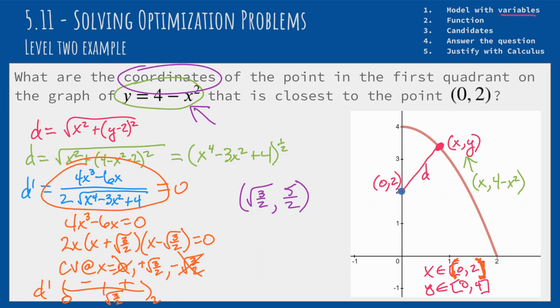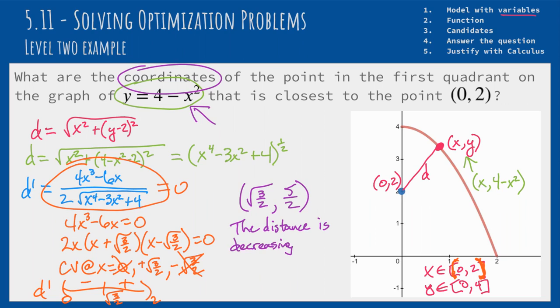I also want to justify this with calculus. So I'm going to say the distance. I've been justifying a variety of ways just to see there's different ways we can explain this. So I'm going to say the distance is decreasing. In the last example I did, I talked about the sign of the derivative.